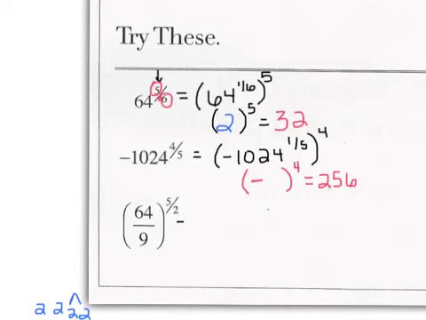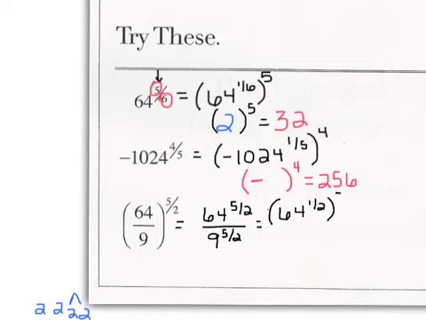So we're really going to do 64 to the 5/2 and 9 to the 5/2, which means you're going to do 64 to the 1/2 and then that to the power of 5. I'm just taking them apart just like I did up above. And then I'm going to do 9 to the 1/2 raised to the power of 5.